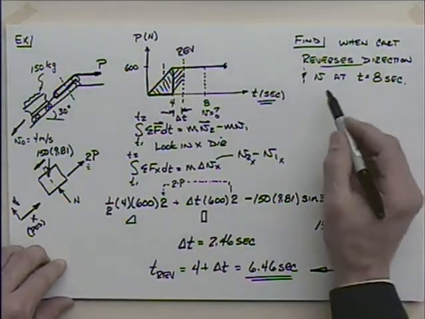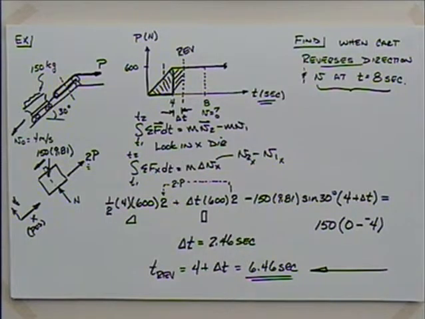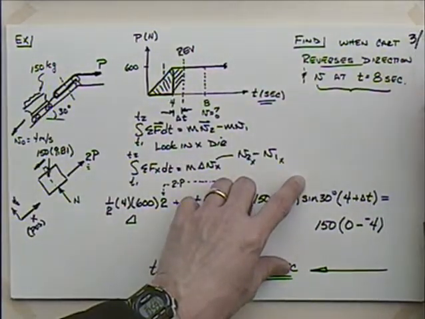Now the other part we would like to find is what's the velocity at t equals 8 seconds? Questions so far with that? Well, let's try this. This was page 3?